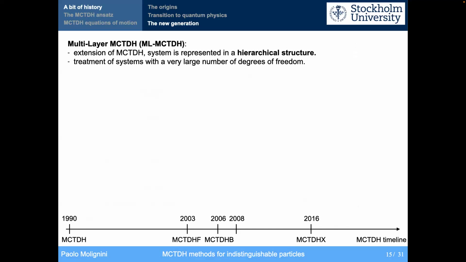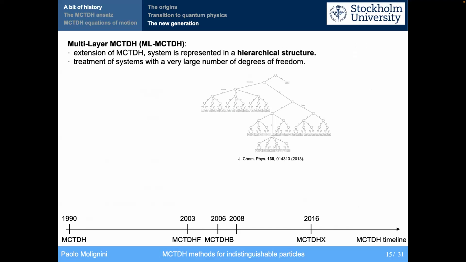This is a very powerful extension of MCTDH where the system is represented in a hierarchical structure. By that, I mean that in the decomposition itself, you don't take into account all the configurations, but you construct a tree structure of the configurations that are of interest to you. And these can represent different levels of degrees of freedom. That's why the multi-layer term.